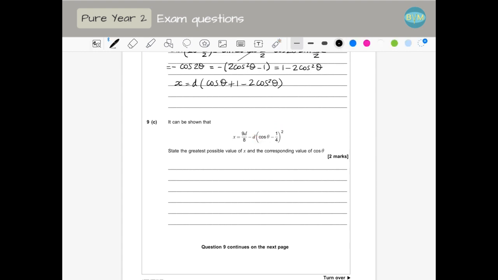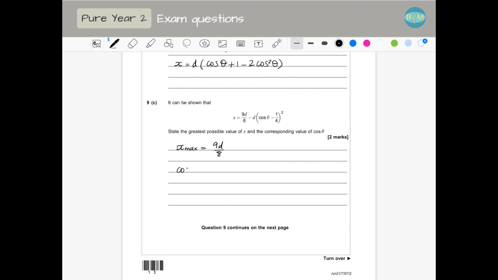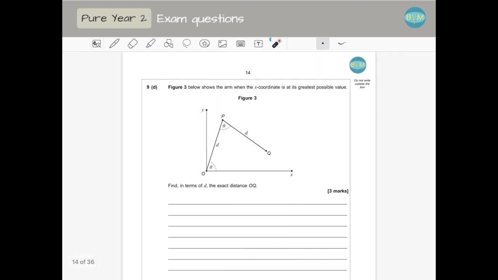So the maximum value is going to happen when this bracket is 0. So the maximum value is 9d divided by 8. And that bracket is 0 when cos theta minus 1/4 is 0, which means cos theta is going to be 1/4. They don't ask us the value of the angle, they just ask the value of cos theta. So we just leave cos theta is 1/4.